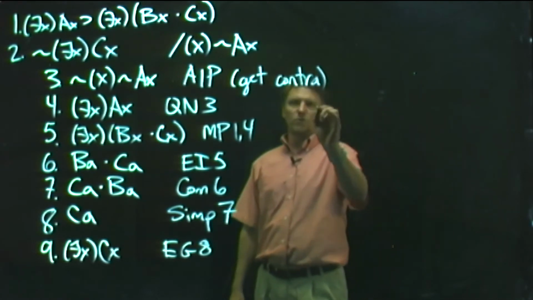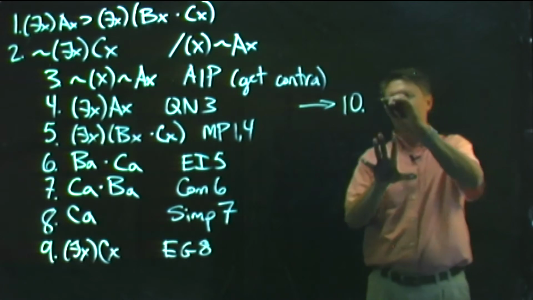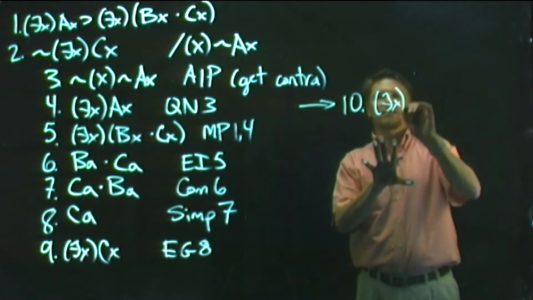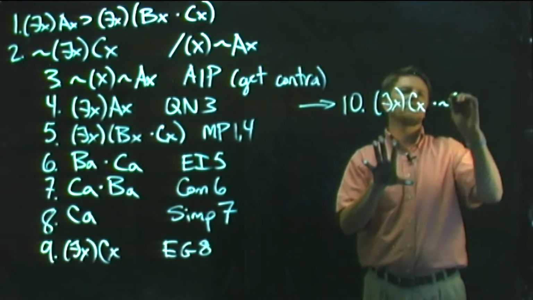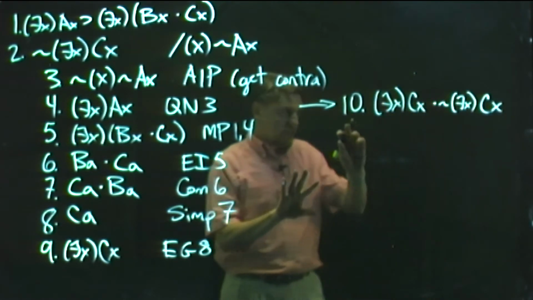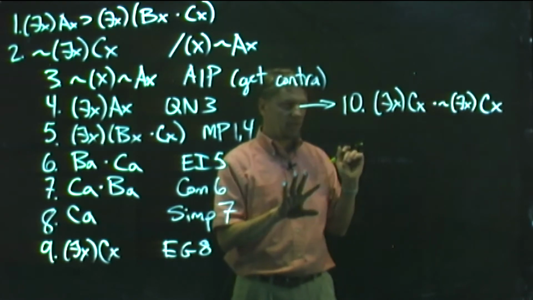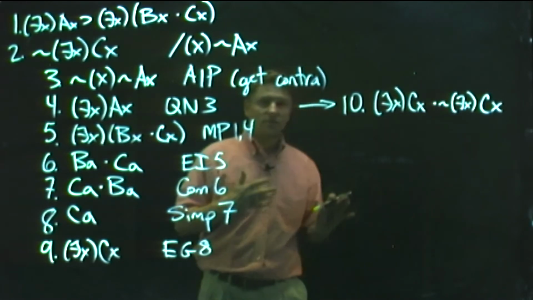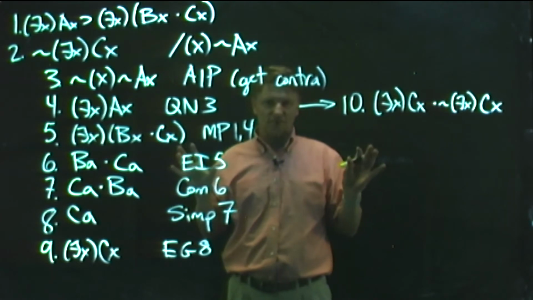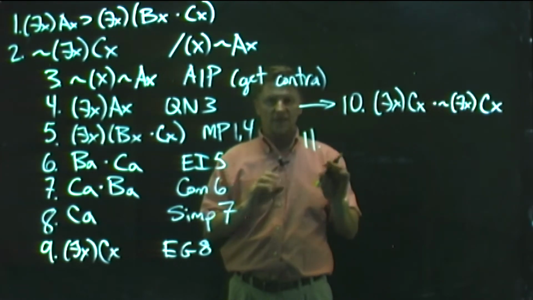So I'll put it together over here. Line 10 is still indented. We're going to have there exists an x, Cx, dot, tilde there exists an x, Cx. And of course, now that is a contradiction. It's something, a dot, and the same thing with a tilde in front of it. And so now, with indirect proof, it works exactly the same as it did in Chapter 6. Once you get a contradiction written there, you unindent, and then the procedure is always the same.